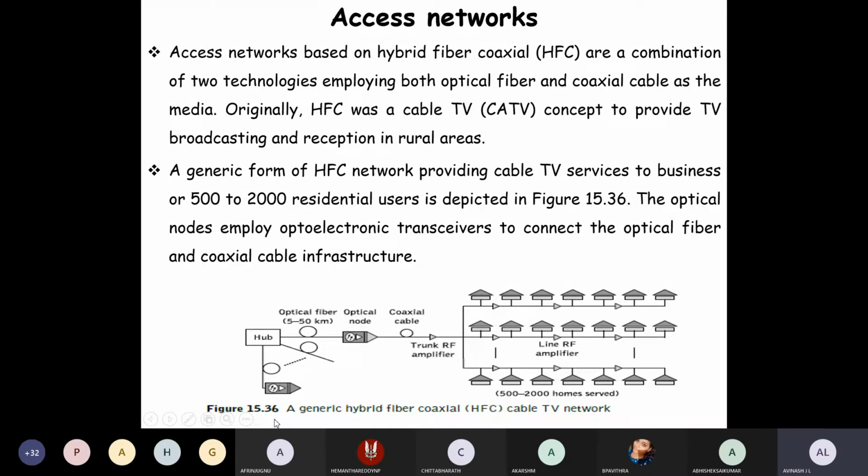A generic hybrid fiber coaxial cable TV system: your optical fiber will range from 5 to 50 kilometers. There is an optical node and a coaxial cable. 500 to 2000 homes will be served from one particular trunk using the RF amplifier. In between the RF radio frequency amplifier, we can use the line amplifier. These connections are very familiar to you. Just go through it and you'll understand.